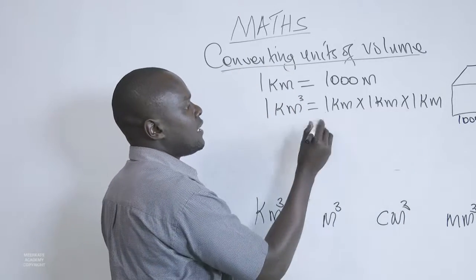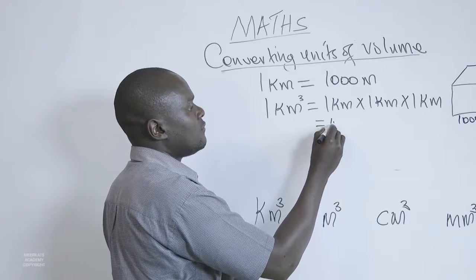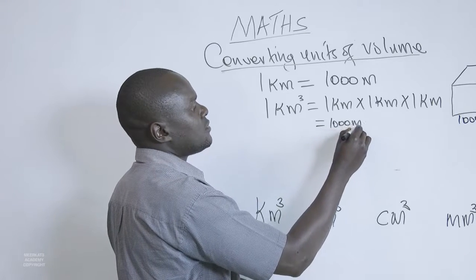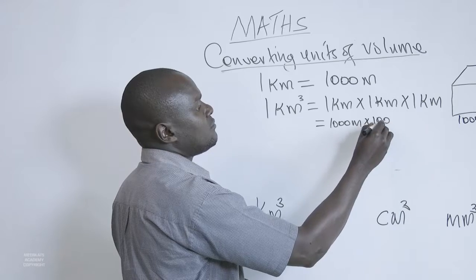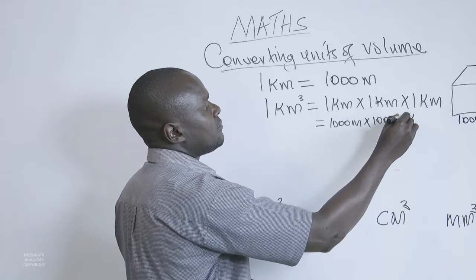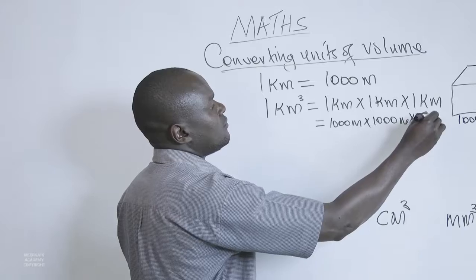So we can have 1,000 meters multiplied by 1,000 meters multiplied by 1,000 meters.